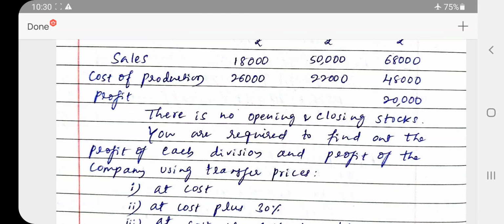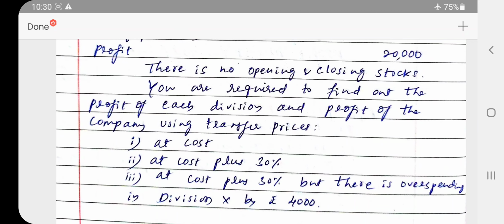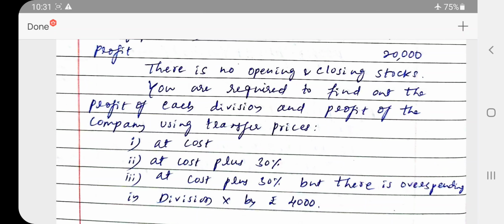ABC Company Limited has two divisions, X and Y. What will be the profit for division X, what will be the profit for division Y, and what will be the total profit of the company? There are three situations given here: first, at cost; second, at cost plus 30%; and third, at cost plus 30% but with an overspending in division X of rupees 4,000.